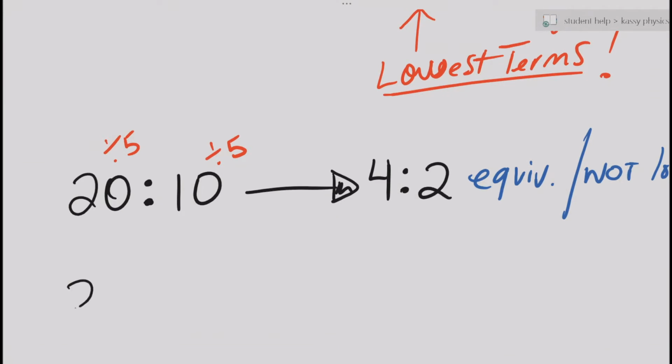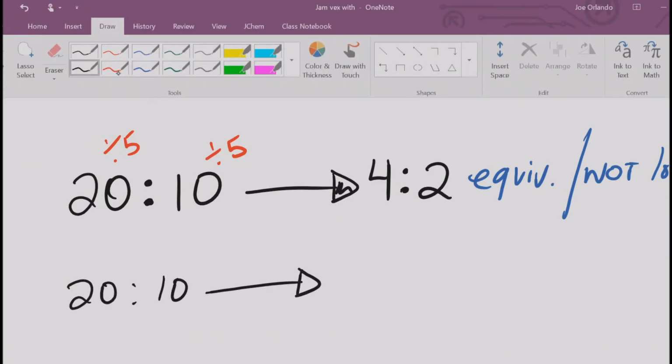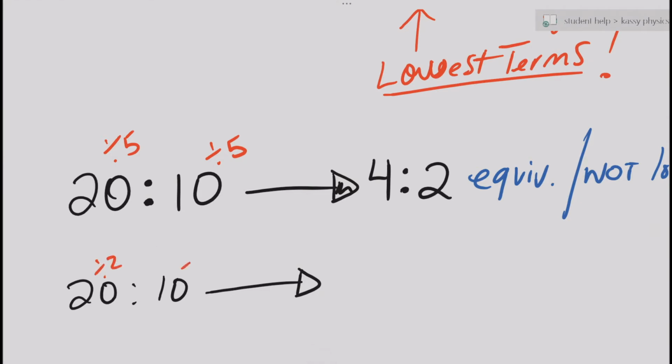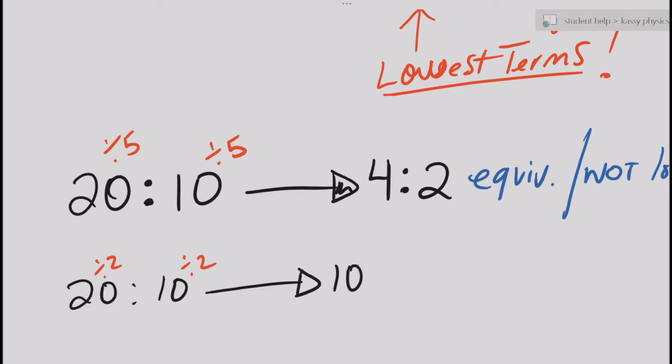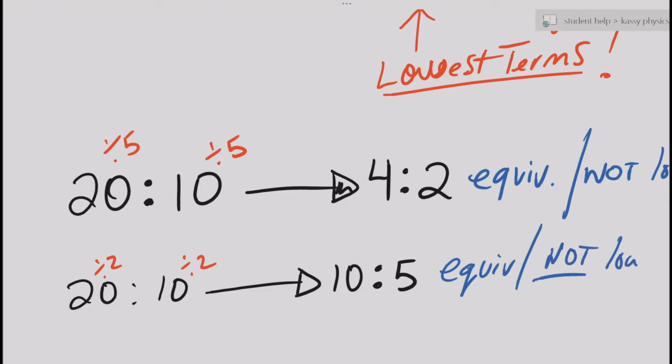Likewise, if I'd taken those same numbers and chosen to divide them both by 2, because they're both divisible by 2, I would have gotten 20 divided by 2 is 10, 10 divided by 2 is 5. I'd have gotten 10 to 5. These are also equivalent, it's the same ratio, but not the lowest.